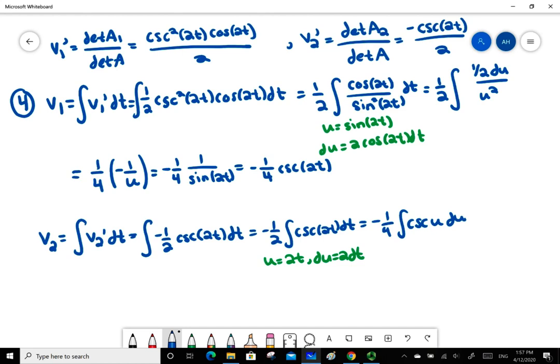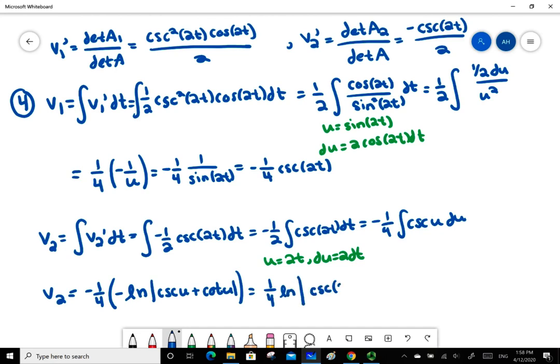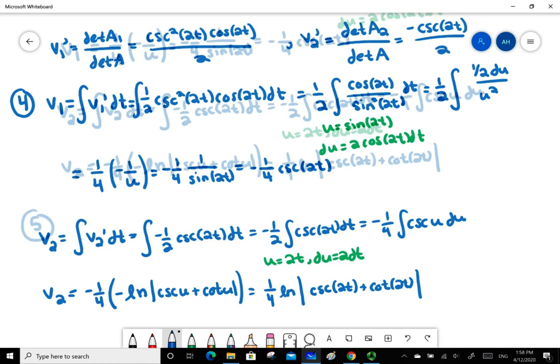I'd be surprised if you had this particular antiderivative memorized. Instead, you can just look it up. So v2 is -1/4 times the negative natural log of the absolute value of csc(u) + cot(u), which is positive 1/4 ln|csc(2t) + cot(2t)|. Again, no integration constant needed.